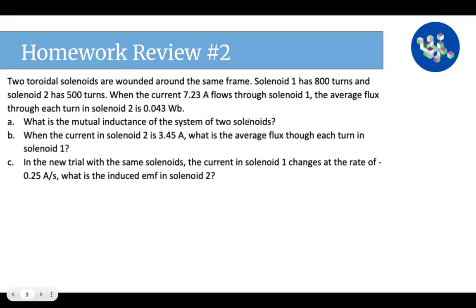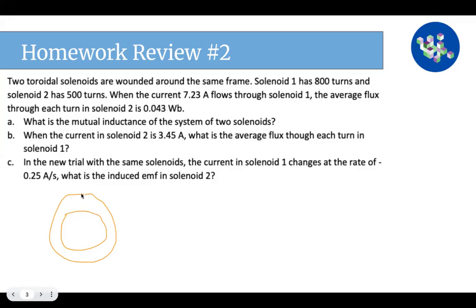So mutual inductance: remember, in the last problem we talked about the self-inductance. Mutual inductance is a bit different. Right now we're talking about two toroidal solenoids, so let's draw a picture first. This will be the toroid that we wrap the solenoids around, and we have two of them.